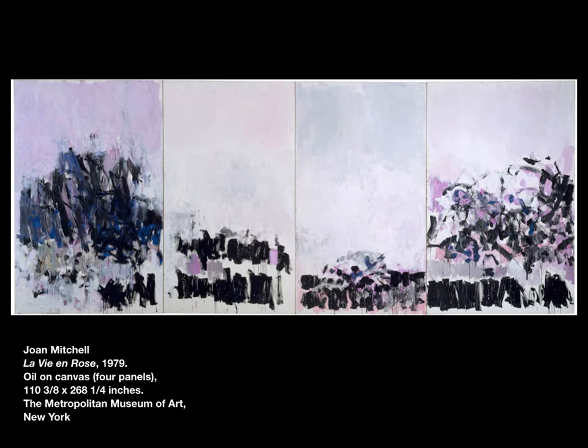So the next image, Joan Mitchell, she's an abstract expressionist, and she's making work much earlier than this. This painting was made in 1979, but a lot of her work was being made in the 50s and 60s. And she came right after Pollock.